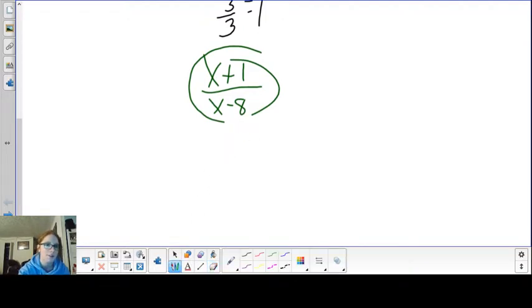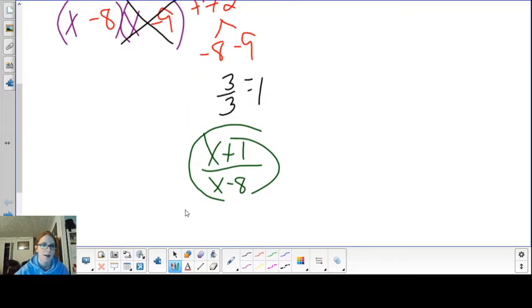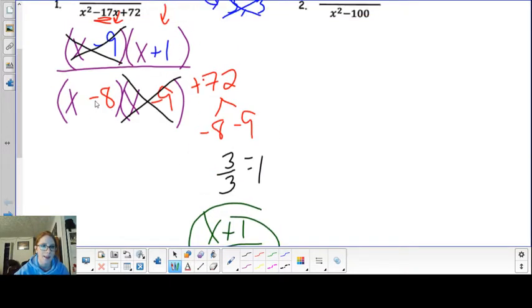So when I can't divide by 0, what I want to do is take a look at the bottom in the factored form from the original problem. I had x minus 8 and x minus 9. Well, if I don't want the bottom to be 0, what I'm going to do is plug in numbers that would make it 0, and say I don't want x to be that number.